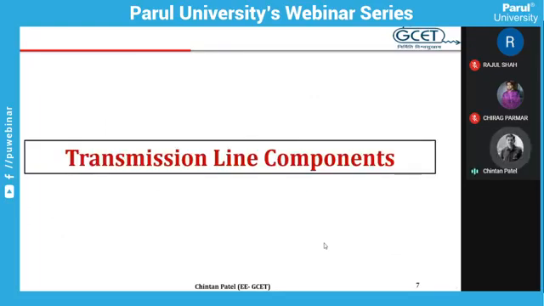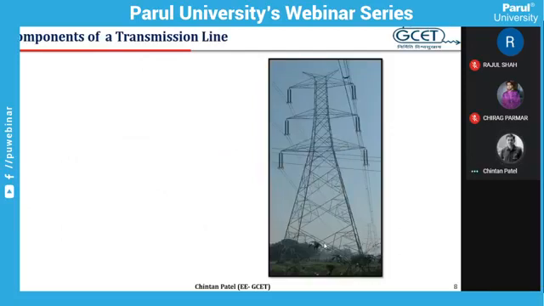Now our main focus of the talk is transmission line components. Here you can observe one photograph of a transmission line tower. This is a 400 kV transmission line tower, and in this tower we can observe a few components.